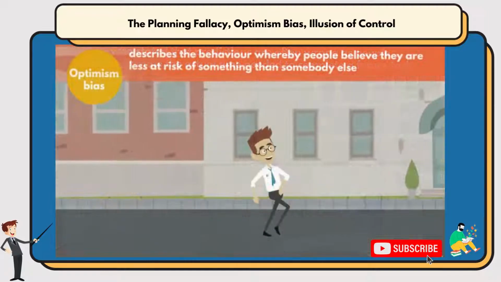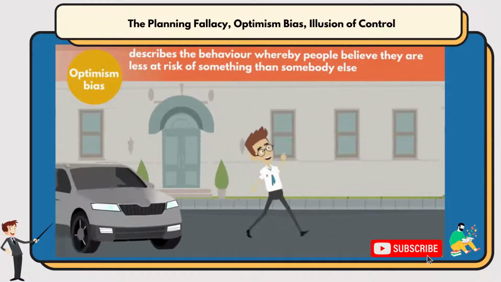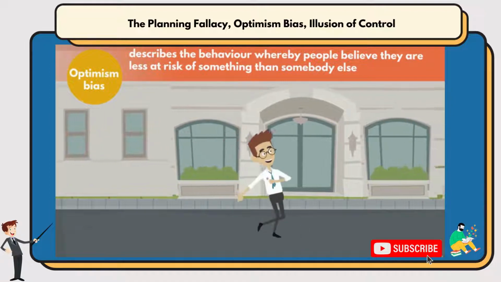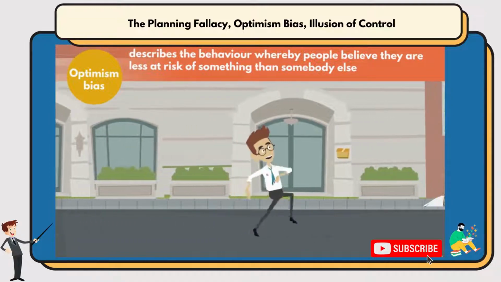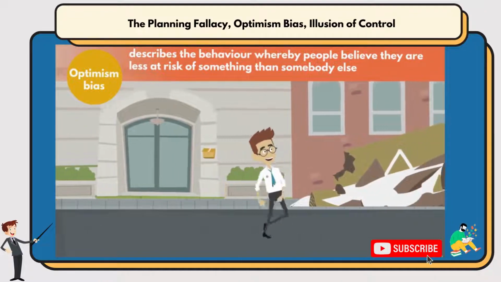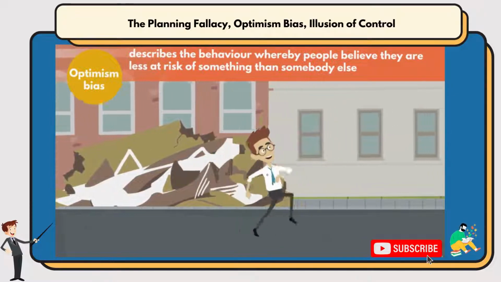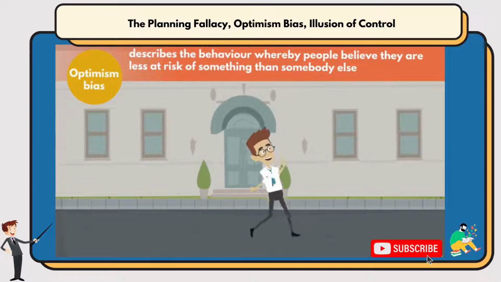The optimism bias is a term used to describe the behavior whereby people believe they are less at risk of something than somebody else. Think of the age-old, "I never thought it would happen to me." This is an almost universal cognitive function. Therefore, the optimism bias is an understandable reason why people neglect to think of every worst-case scenario when planning.